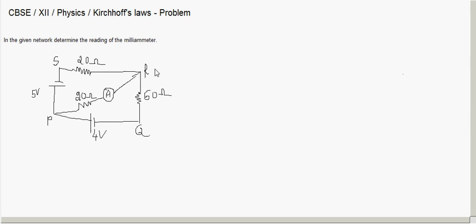We can use Kirchhoff's law. Before that, let us assume the currents in each branch. Let me say the main current is I, and the current through branch PS is I1.